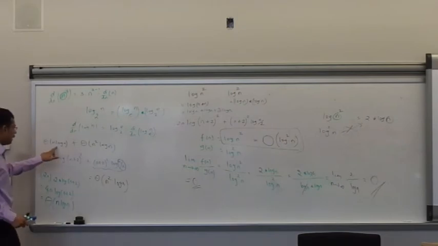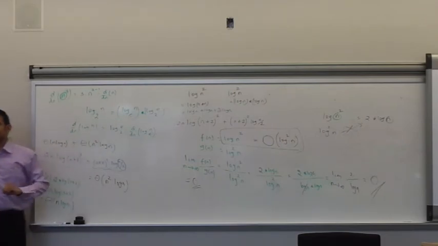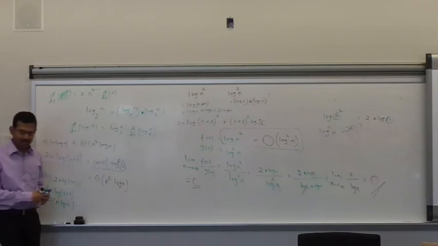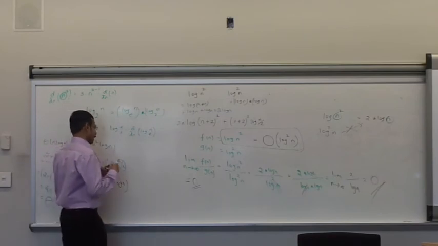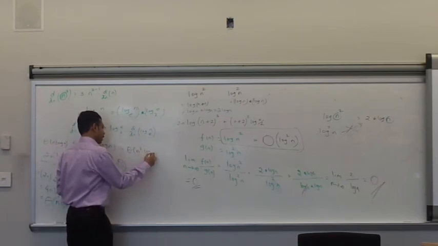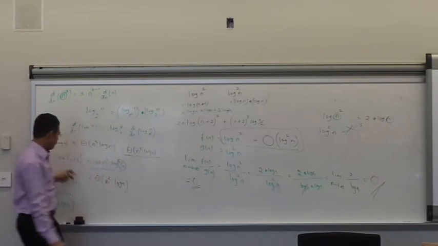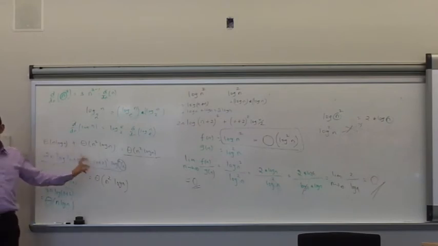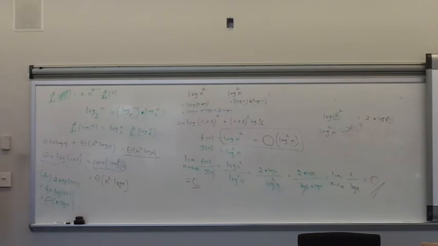This is n log n, this is n squared log n. So which one? N squared log n, right? That's our theorem: n squared log n grows faster. So this is the theta for this expression. You should know how to simplify this.